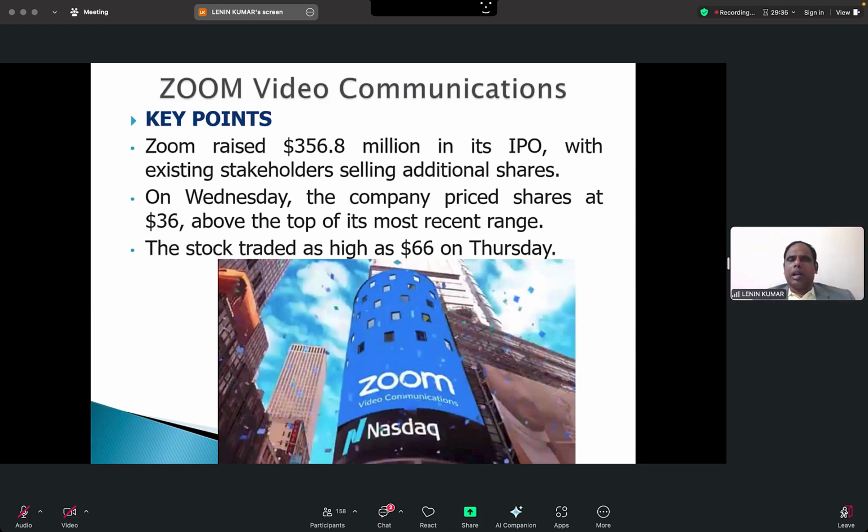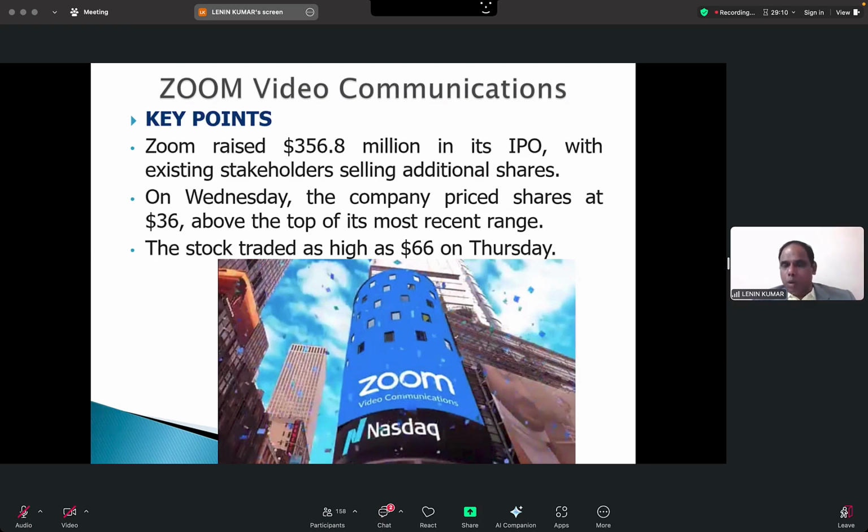Now you all are aware of Zoom Video Communications. Zoom raised around $356.8 million in its IPO, with existing shareholders selling additional shares. On Wednesday, the company priced shares at $36, above the top of its most recent range. The stock traded as high as $66 on Thursday.